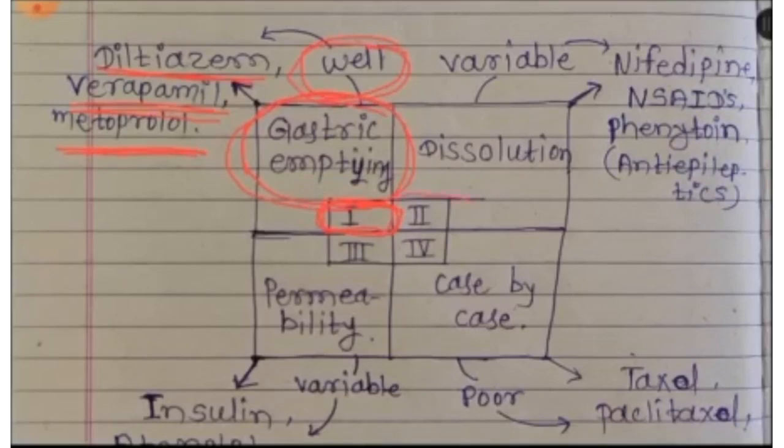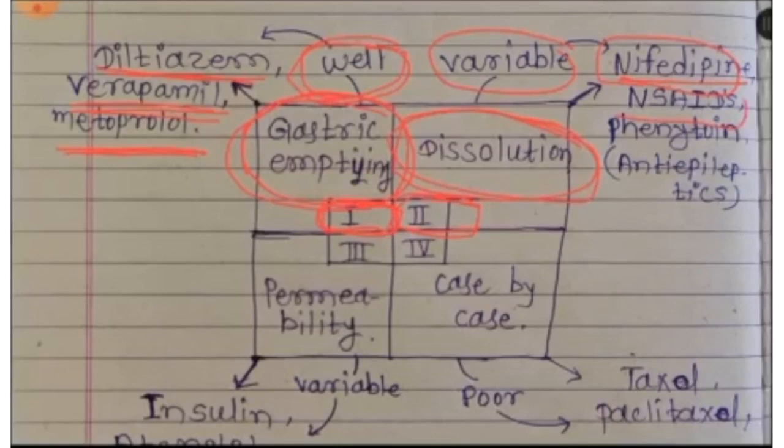In case of class 2 drug, dissolution is the rate limiting step because class 2 drug has high permeability but low solubility, and because of low solubility the dissolution is the rate limiting step in absorption of class 2 drug. So the absorption is variable, and an example of class 2 drug is nifedipine, another calcium channel blocker.